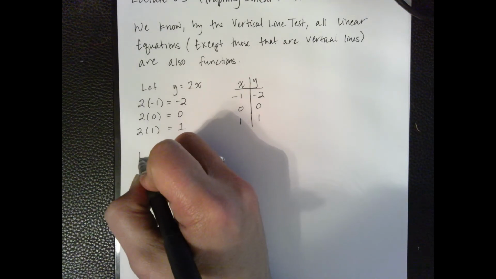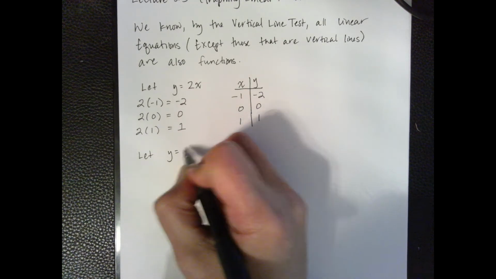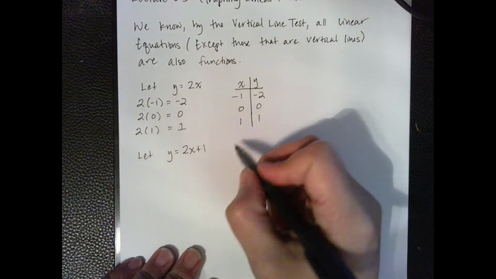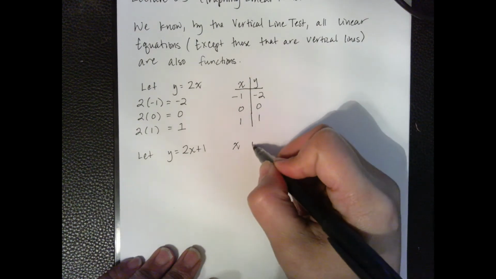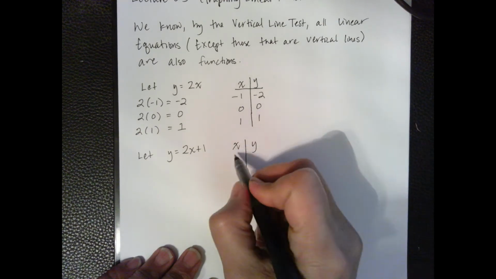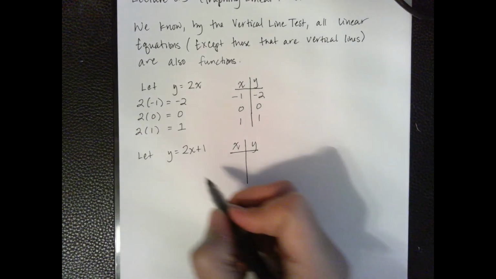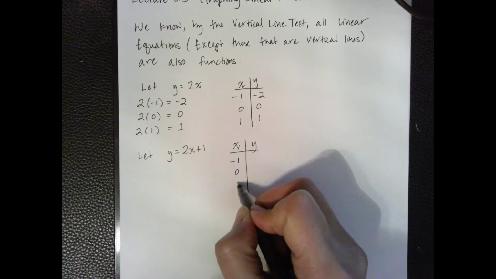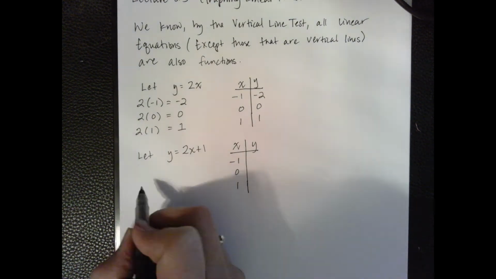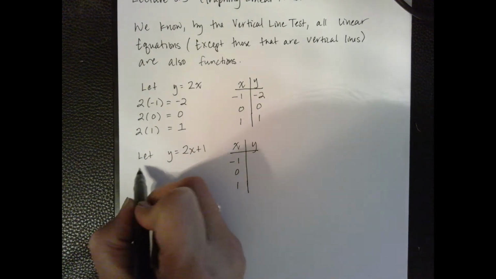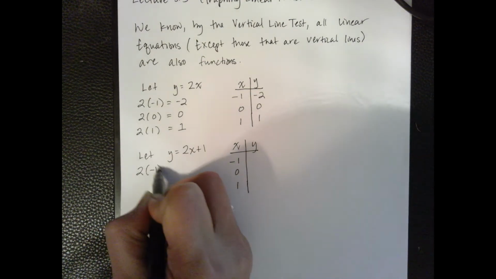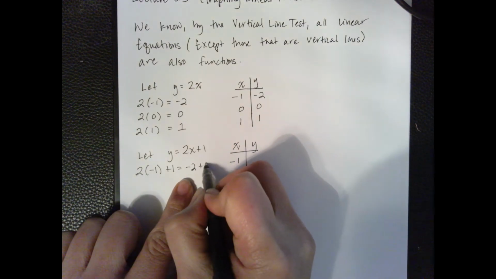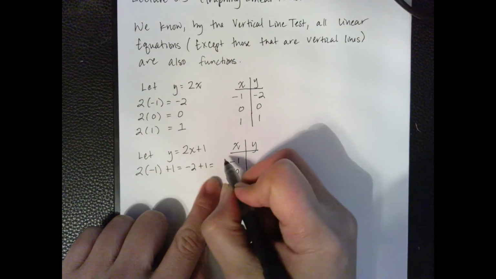Suppose we wanted to graph y equals 2x plus 1. We still have x and y, we'd still have a t-chart, and I'm still going to pick -1, 0, and +1. So I have 2 times -1 plus 1, that equals -2 plus 1, that equals -1.